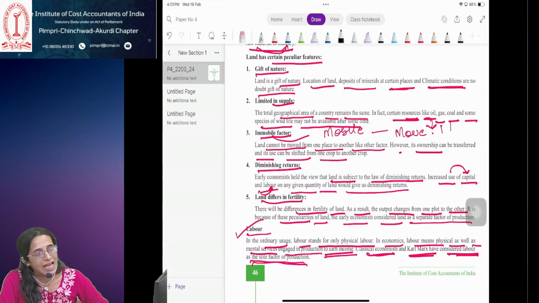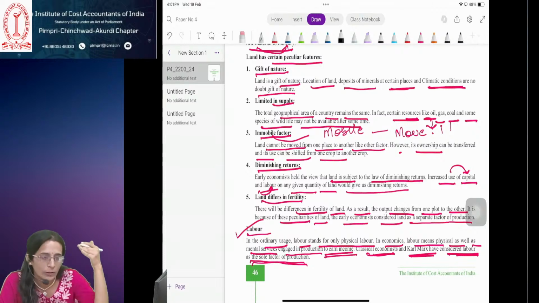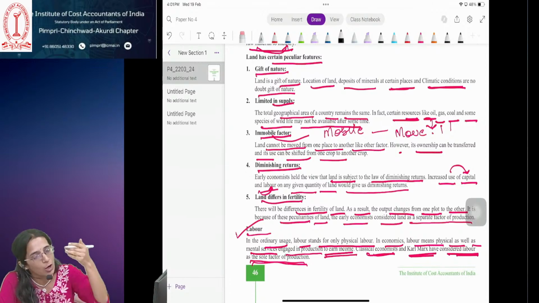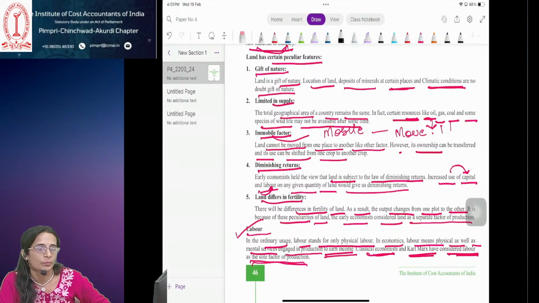We have some input and we want to produce an output from that input, right? As we increase the input, the output will also increase. At the start it will increase, but later on it will go on decreasing.